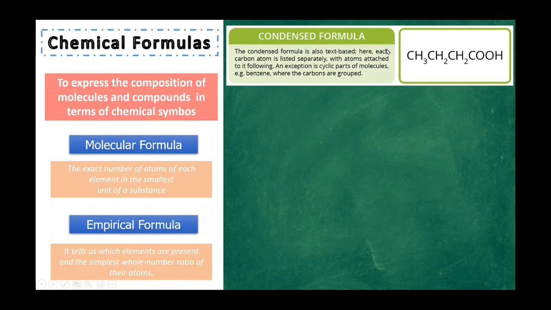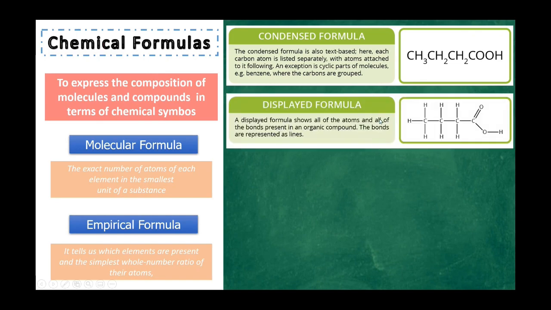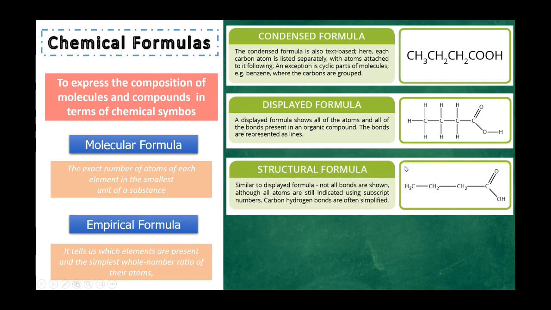Okay, so the other chemical formulas that you might encounter: condensed formula. Why condensed? Because it is text-based and you can see the different elements. And then the displayed formula. The difference between these is, as you can see, the bonds between the different elements or atoms.